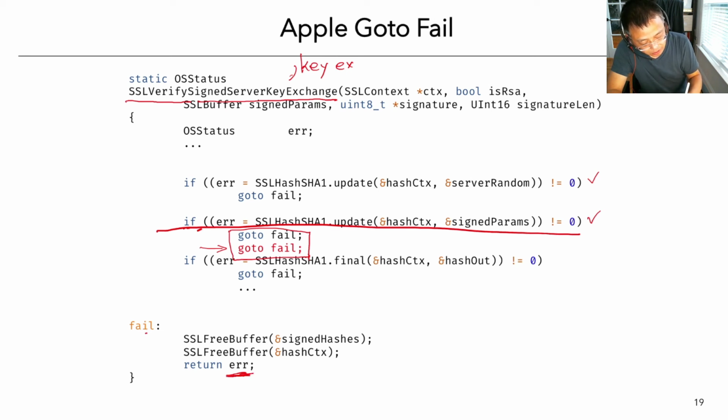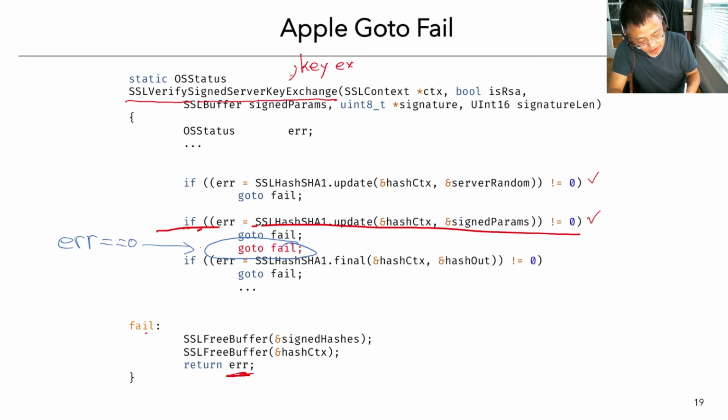But when the program executes the second goto fail, err actually equals 0.